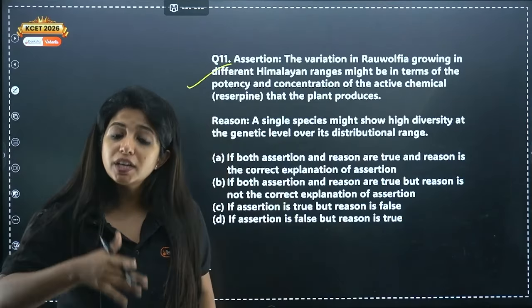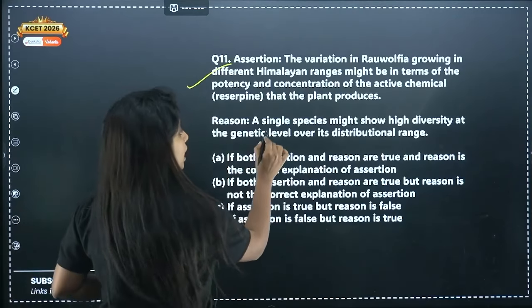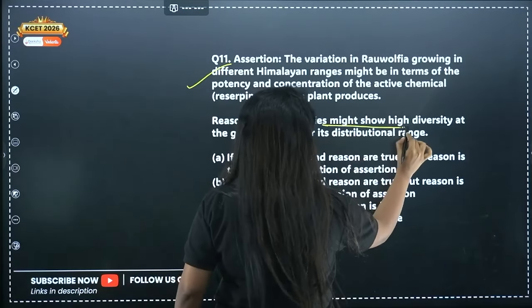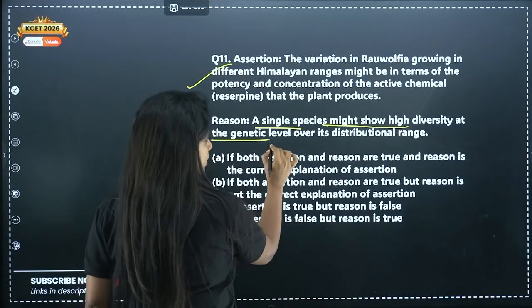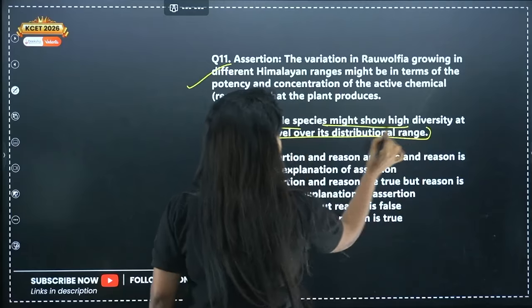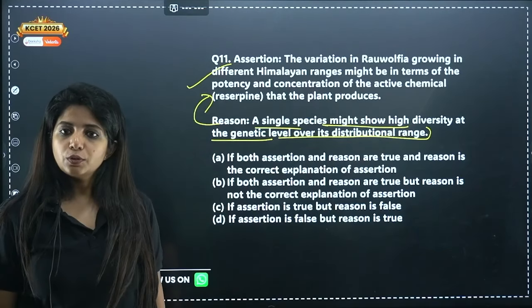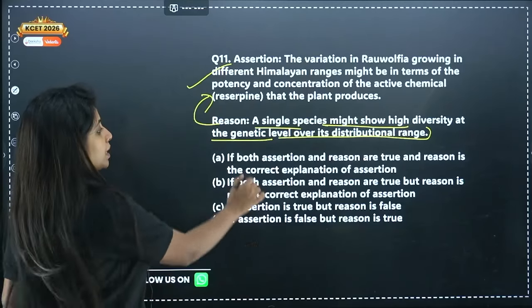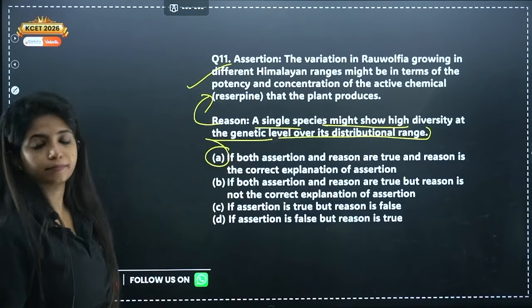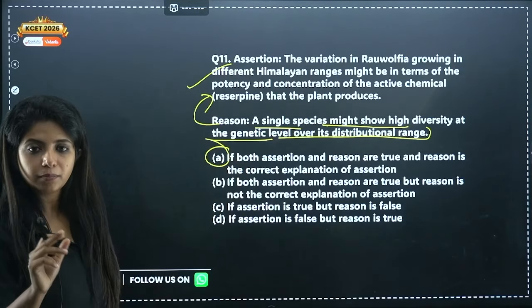This shows what? Genetic diversity. So a single species might show high diversity at the genetic level over its distributional range. This is the correct explanation. So both assertion and reason are true, and the reason is the correct explanation of assertion. I know it's kind of tricky, but please remember it.